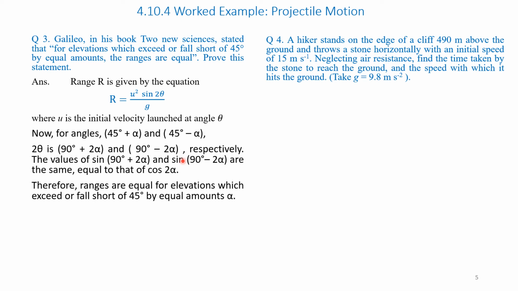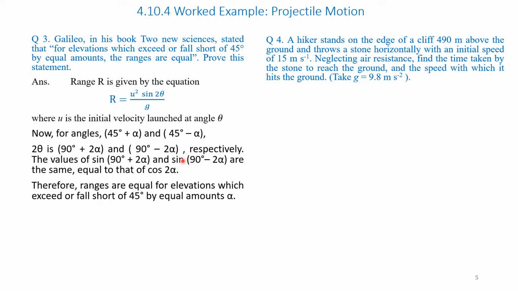A hiker stands on the edge of a cliff 490 meters above the ground and throws a stone horizontally with an initial speed of 15 meters per second.